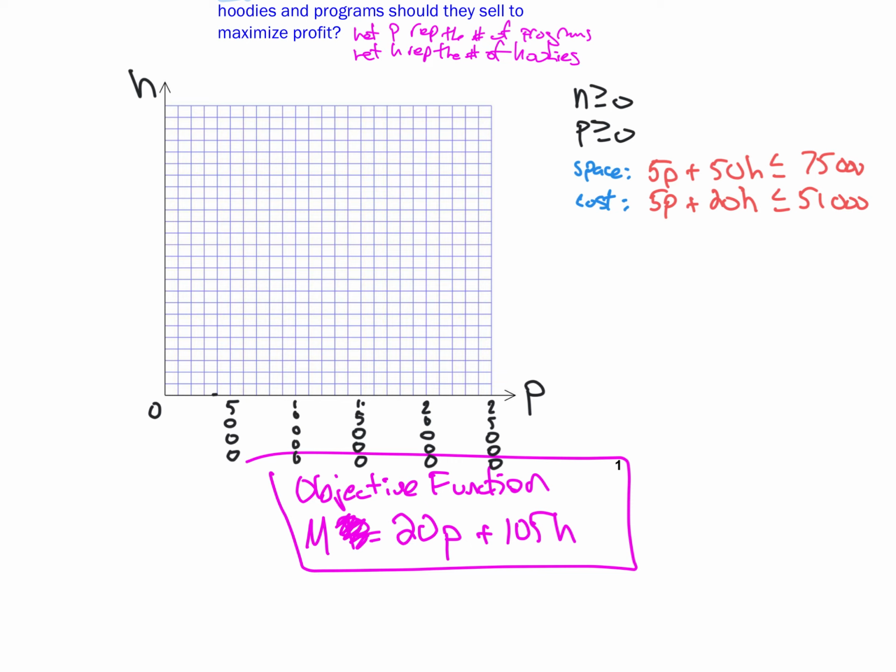So we know we're going to have one at 25,500. And that same line is going to intersect the x-axis at 10,200.